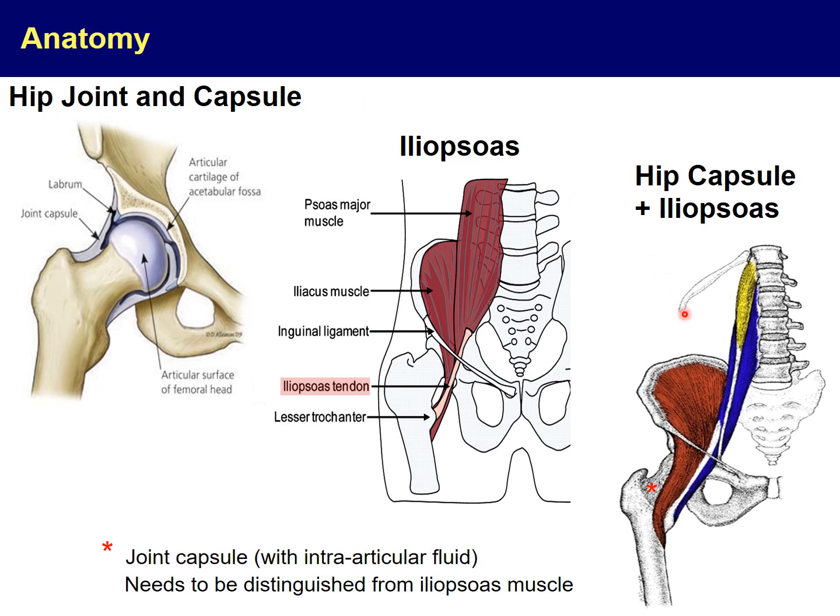This schematic shows the hip capsule and iliopsoas muscle together. Again, the 2 bellies of the iliopsoas combining here in 1 tendon, and this has to be distinguished from the joint capsule here, and the joint capsule contains the intra-articular fluid.